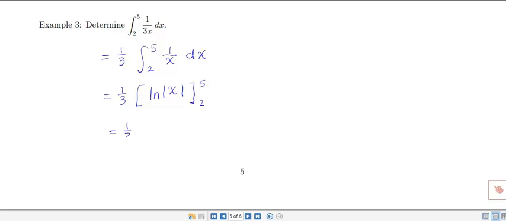So we have 1/3 ln of absolute value of 5, which is just 5, subtract ln of absolute value of 2, which is just 2. And if we combine this expression, we get 1/3 ln of 5 over 2. You can actually evaluate this using your calculator.